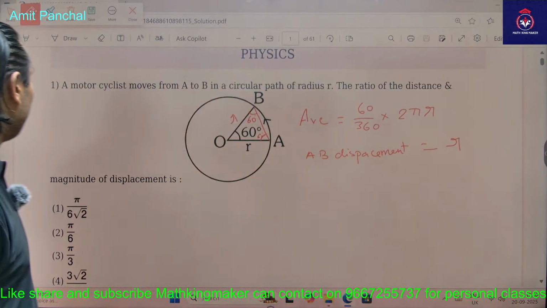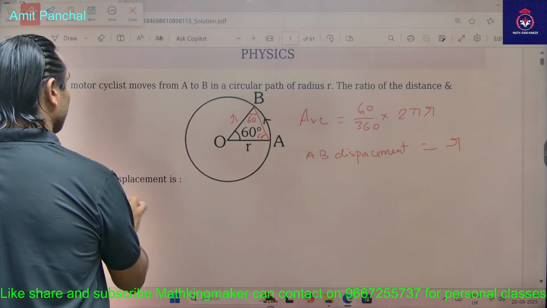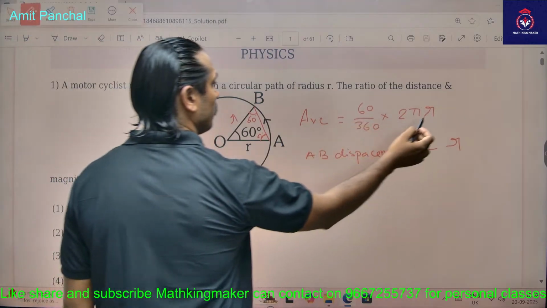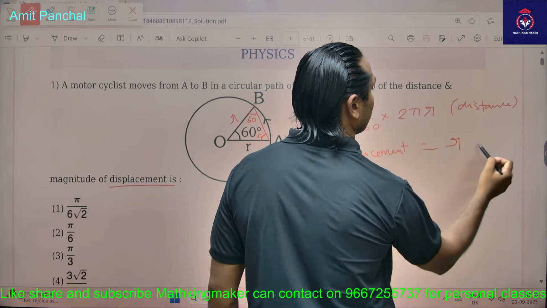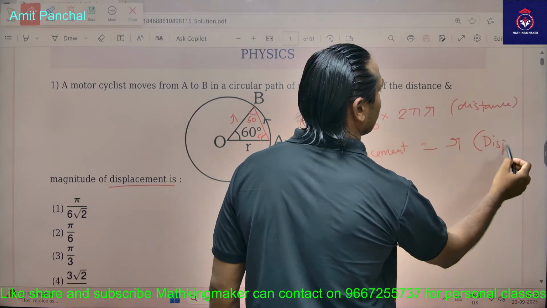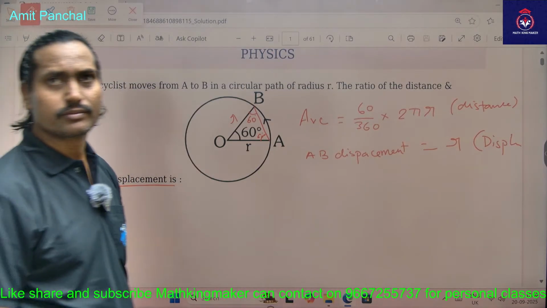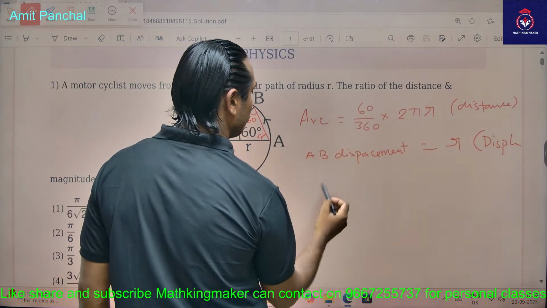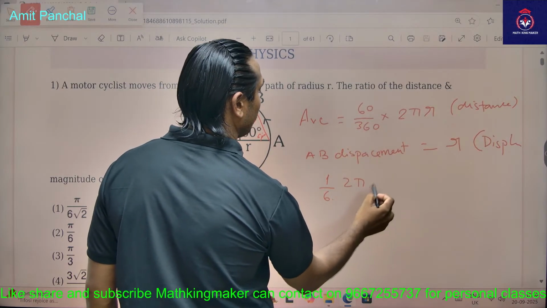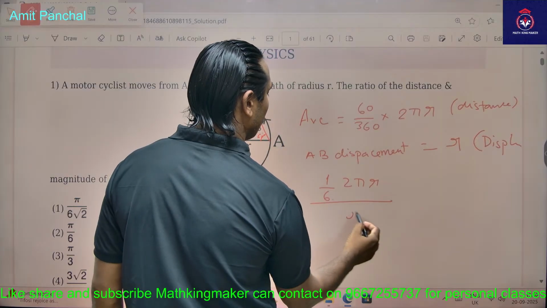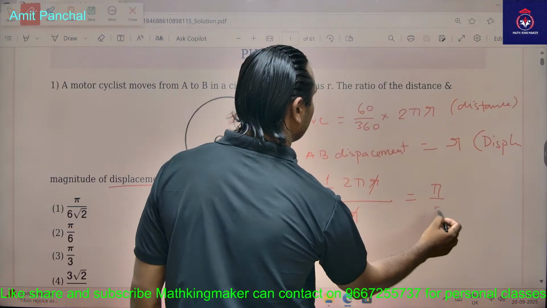So the ratio of distance and displacement. This is the distance, and this is the displacement. So what will be the ratio? It will be 1 by 6 times 2 pi r divided by r. R cancels, so that will be pi by 3.